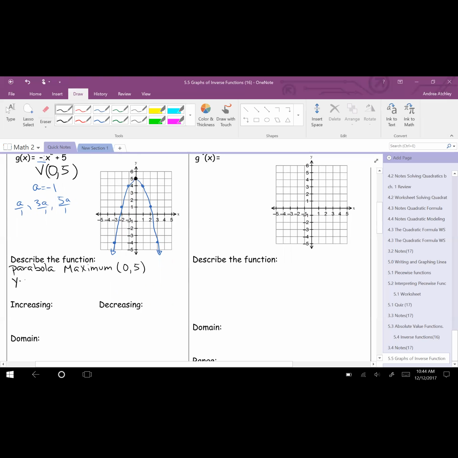Its y-intercept is at 0, 5 as well. So the vertex is the y-intercept. The x-intercepts I can't really tell because I'd have to estimate those. So I'm not going to talk about the x-intercepts really. If it was on like 2, 0, then I would talk about it, but I don't really know. Any questions? Anything else we can talk about the function itself?